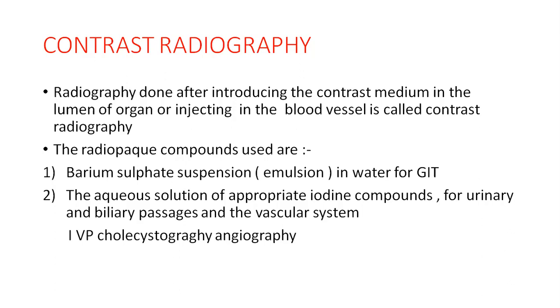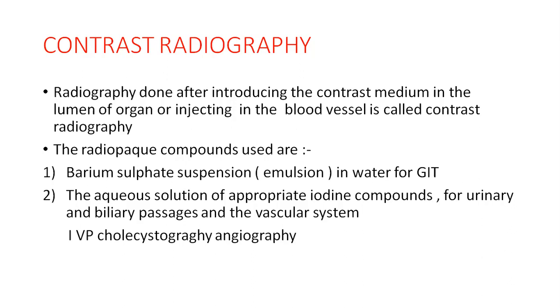What we do in case of the urinary tract or biliary passages and vascular systems, for urinary tract and biliary passage, a dye is injected in the vessel, and then the X-rays are taken. So this contrast medium reaches the structures we want to be examined. And an example is the IVP.